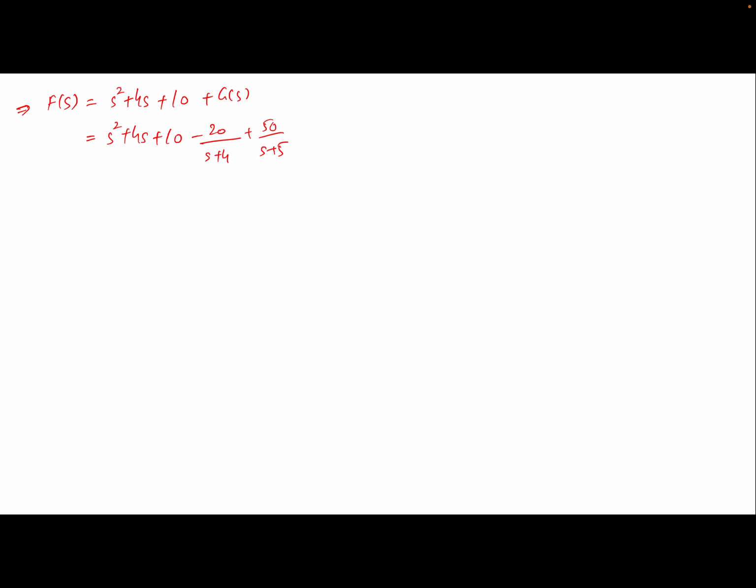Okay, nice. Once I do that, I already know some of the identities. So I know that the inverse Laplace of 1 over s + a is e to the power minus at, u of t.